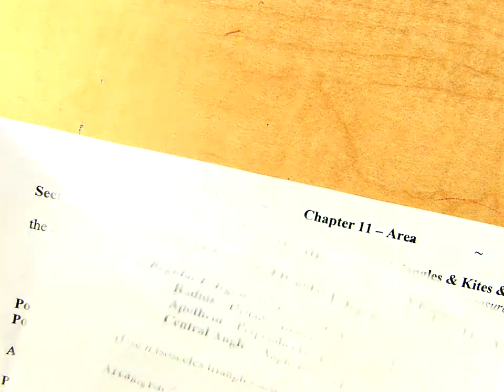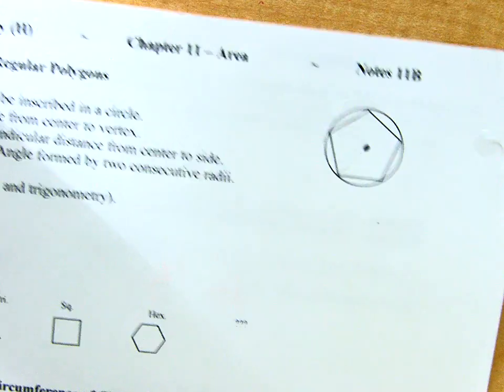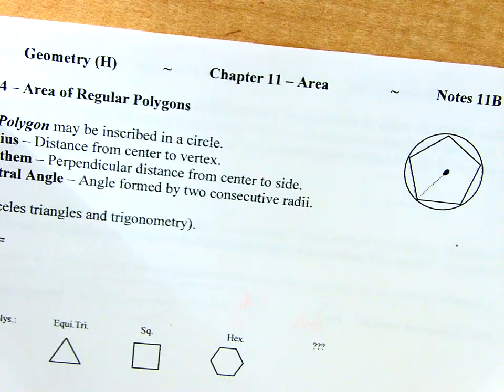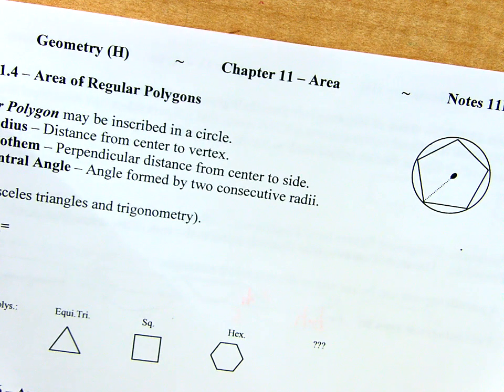So if you flip it over, 11.4. Oh gosh, I love this stuff so much. So this section is all about areas of regular polygons. So let's just make sure that we haven't forgotten what a regular polygon is.